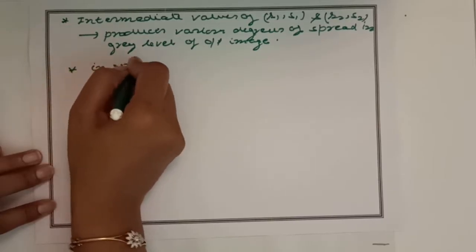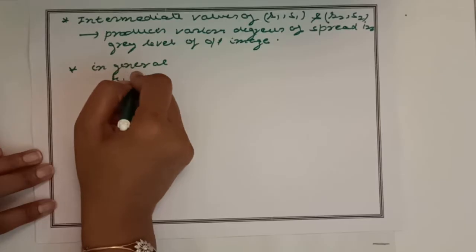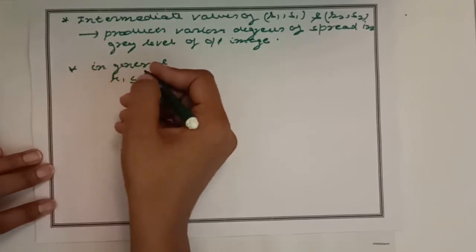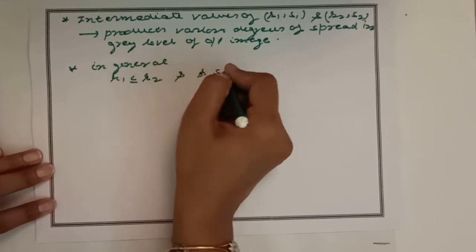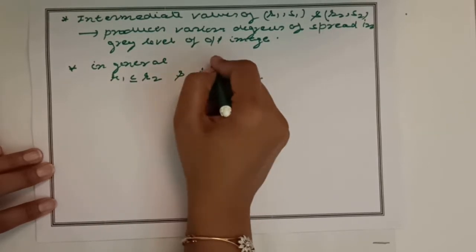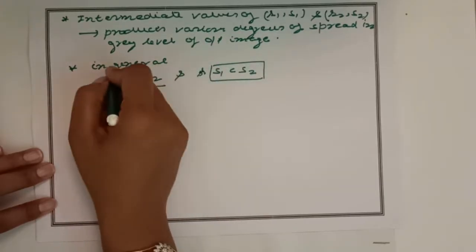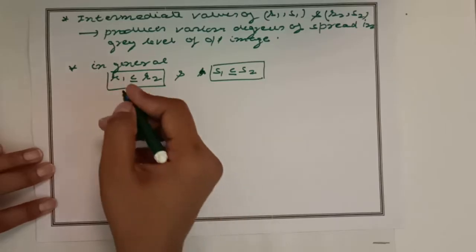In general, r1 is less than r2, and it has been shown in the diagram as well. s1 is less than s2. And these terms may be equal as well.